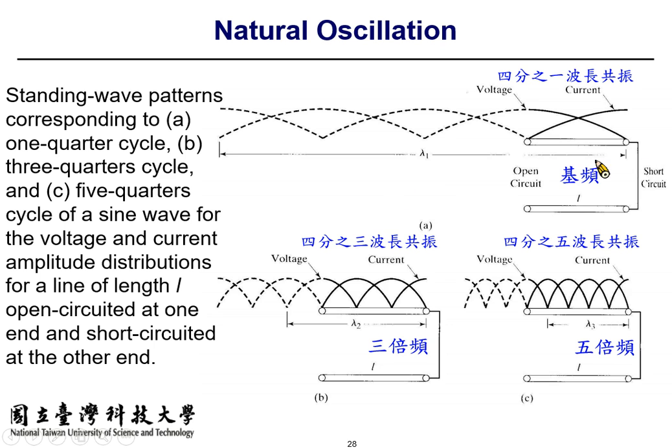So a structure, a component with boundary condition can form the so-called natural oscillation. So let's examine what happens with natural oscillation.